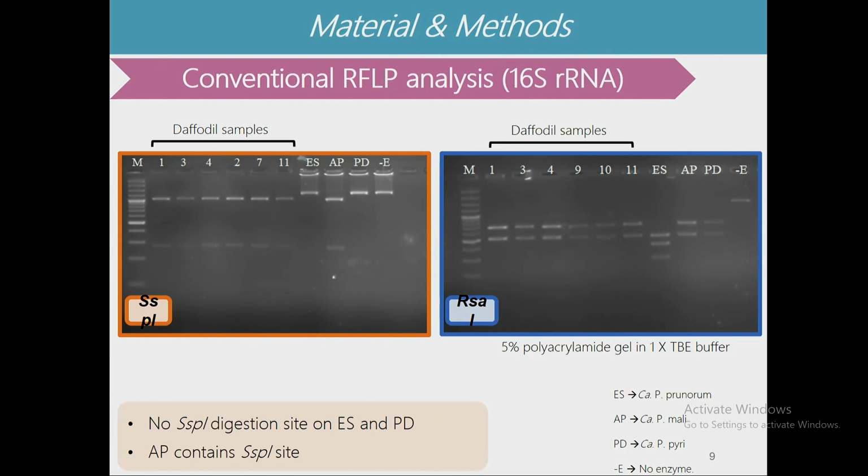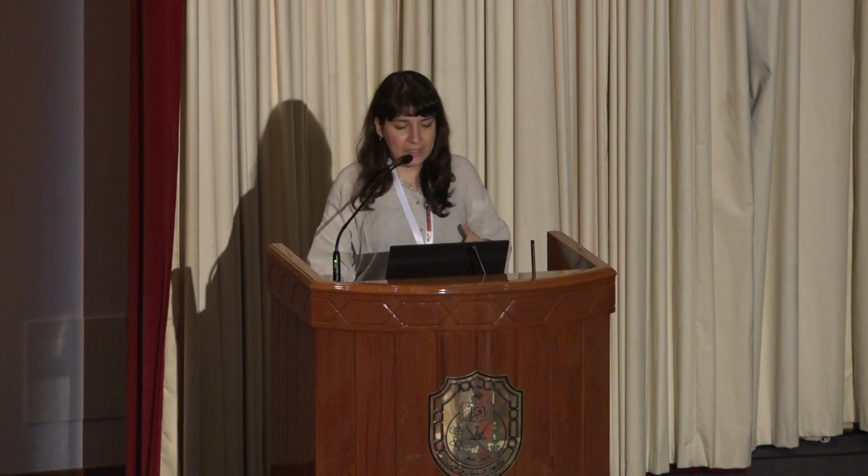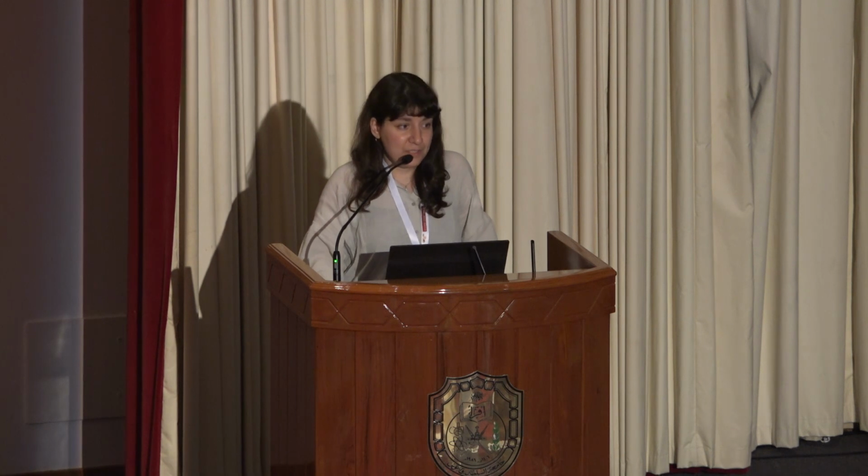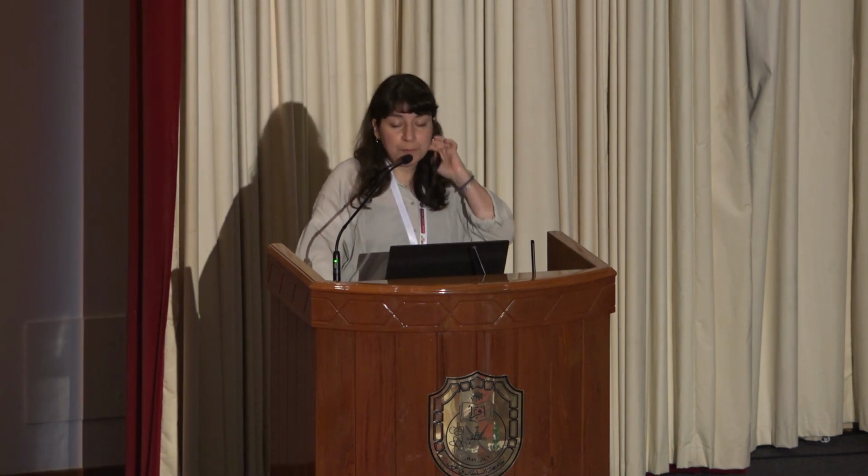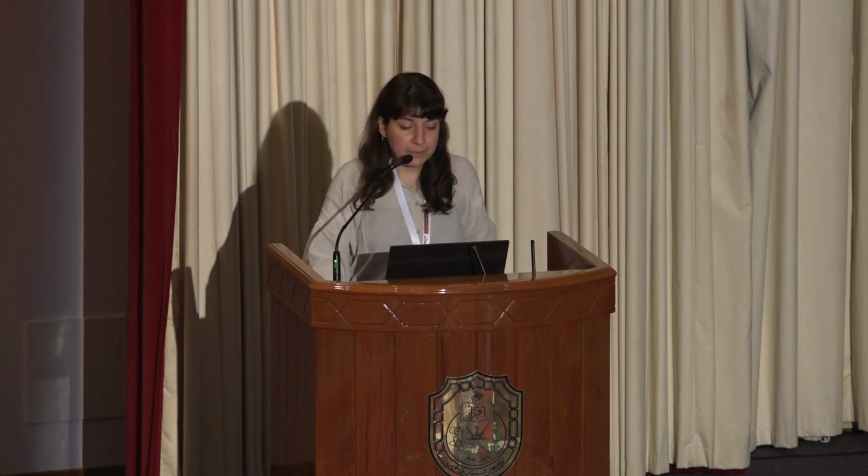And then we moved to conventional RFLP analysis, and we used SspI and RsaI because we needed to differentiate it from European stone fruit disease and apple proliferation or pear decline.